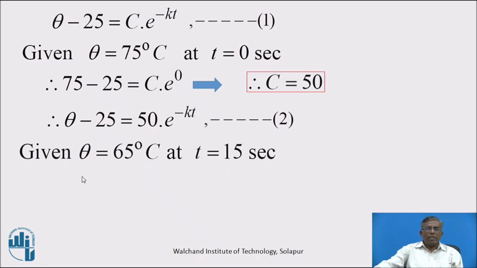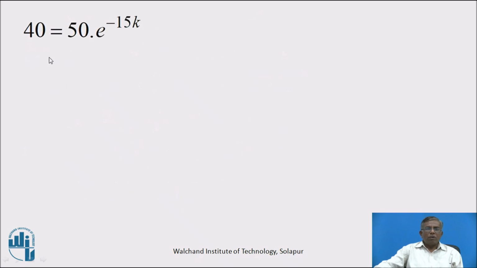Now we are also given that theta equals 65 degrees Celsius at t equals 15 seconds. Substitute these two values in equation number 2. We get 65 minus 25 equal to 50 into e power minus 15k, which gives 40 equal to 50 into e power minus 15k.